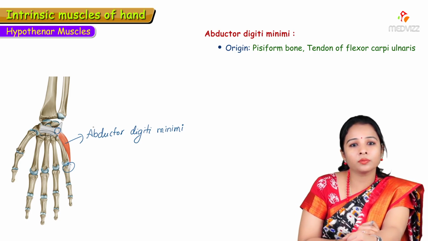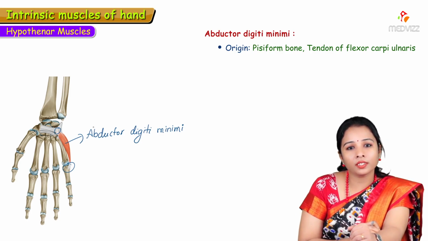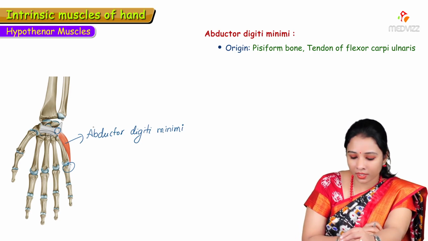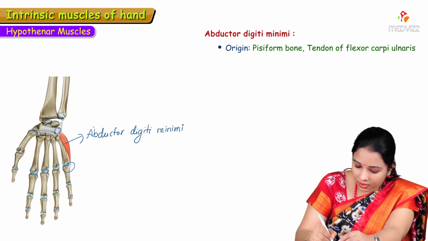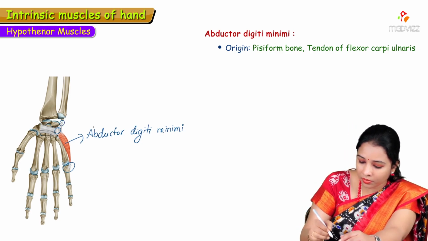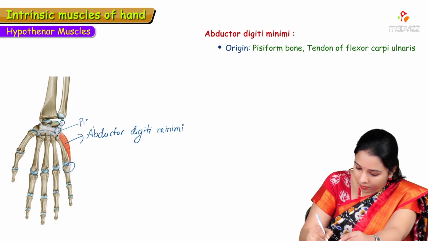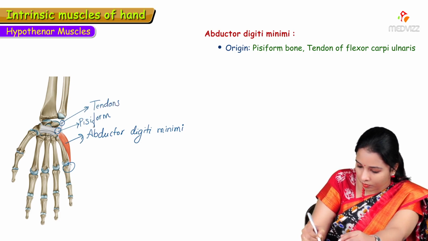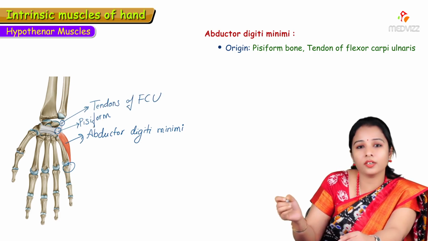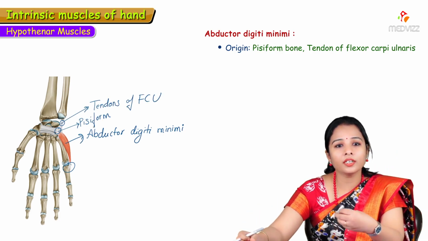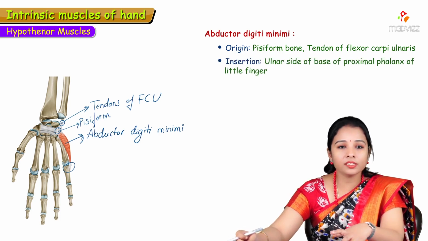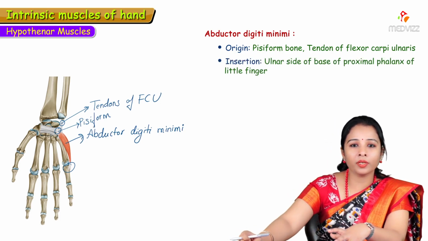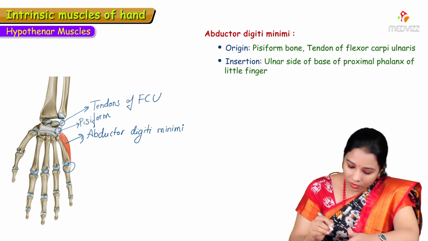It gets origin from the pisiform and the tendon of flexor carpi ulnaris. And insertion is the medial side or the ulnar side of the base of the proximal phalanx of the little finger.